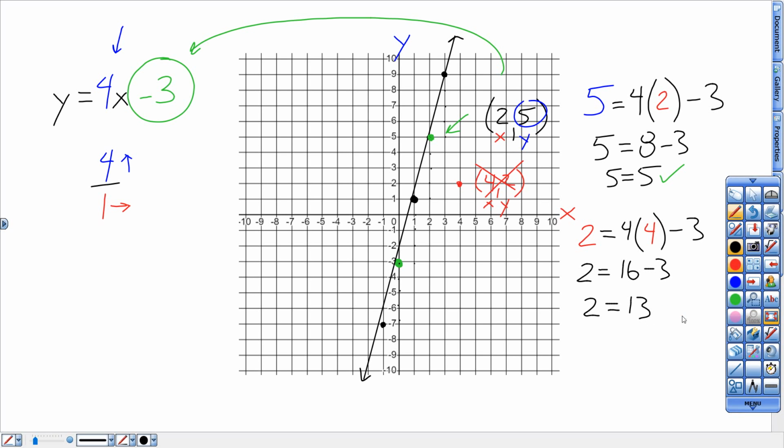That's not true. That's a false statement. That's what always happens when you plug in numbers that are not on the line.